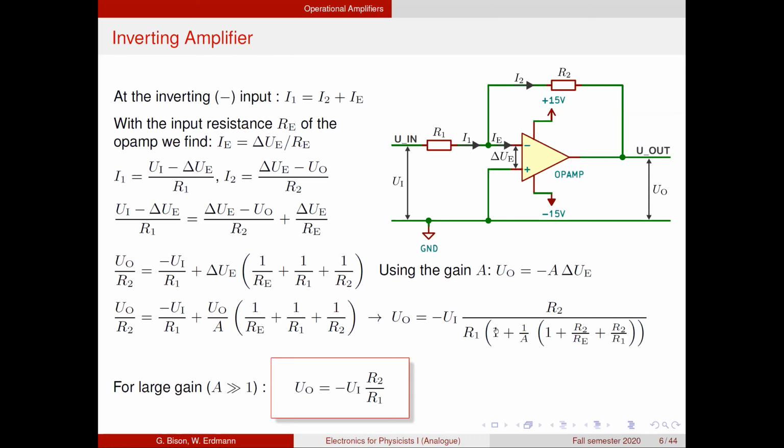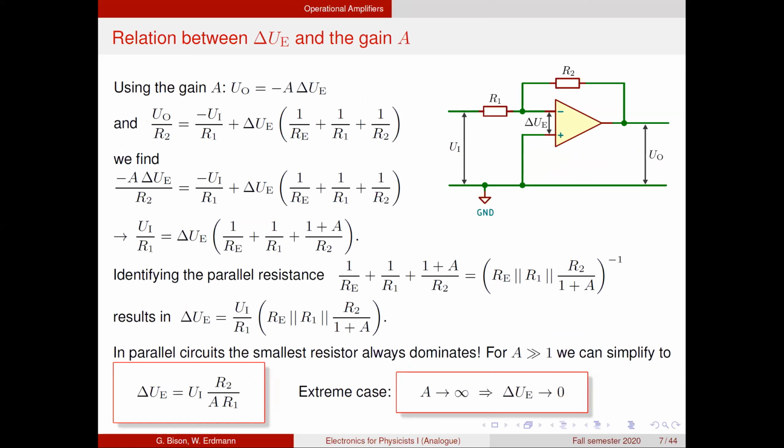Now, we have seen in the first example that we need a really, really small input voltage difference in order to generate an output voltage. And well, this can easily be calculated, how large this input voltage difference has to be. So again, we use the formula for the gain. The output voltage is related to the difference input voltage times the gain.